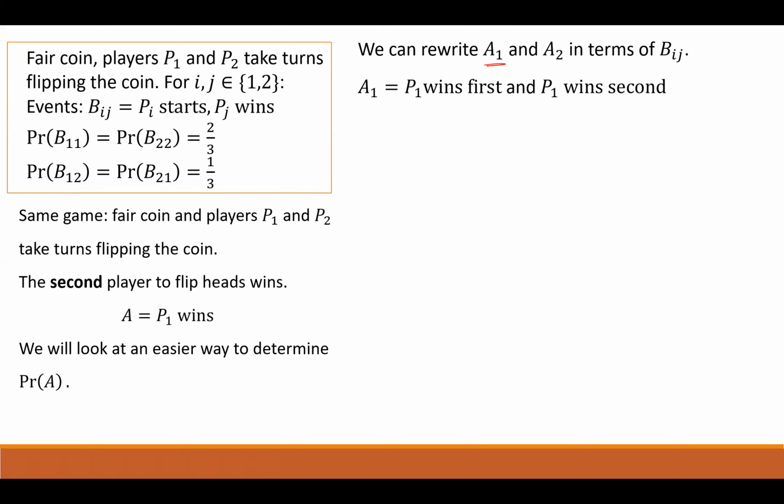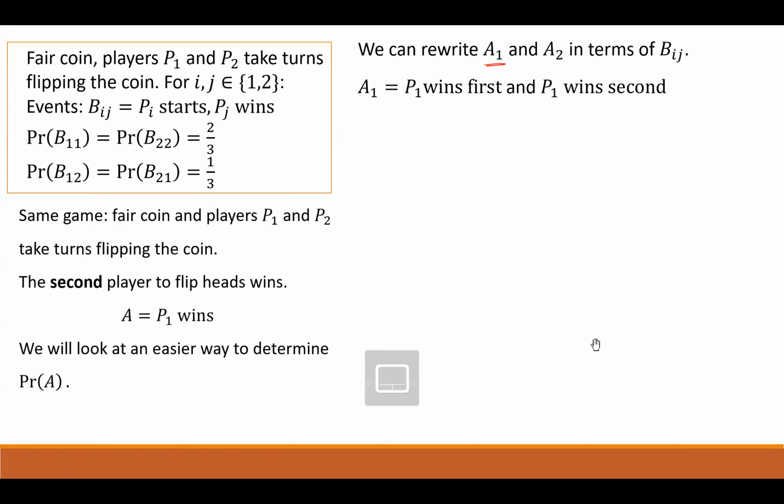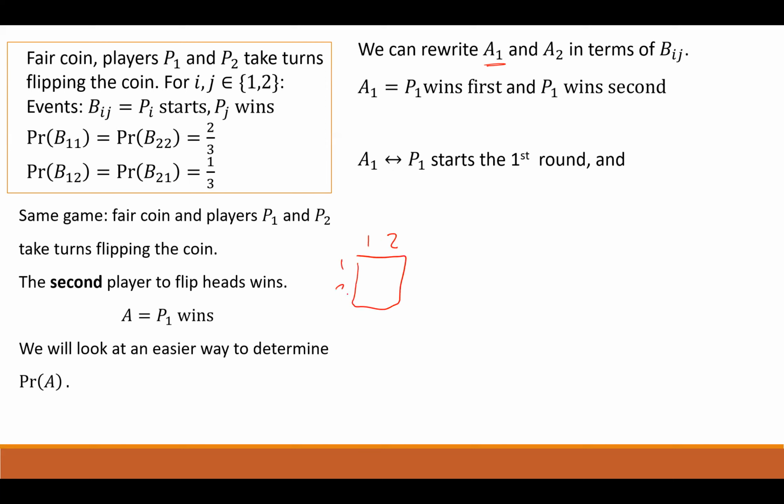Yeah, you can definitely do that. You can draw a little square, the 4 squares and 4 outcomes. Square matrix. You can do 1, 2, 1, 2, and then put all the probabilities.